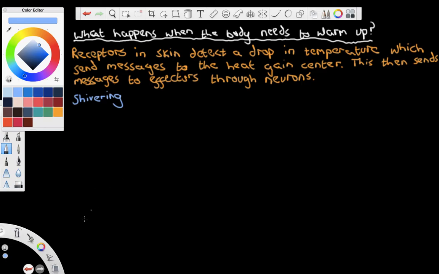So neurons will cause muscles to contract quickly.